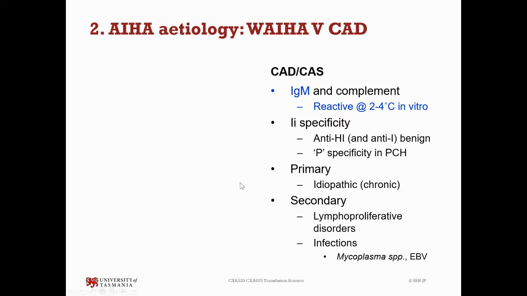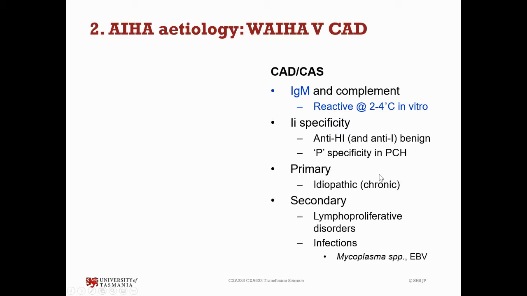You can see here that the most common specificity is for the I blood group system on its own or as anti-HI, and there is a P specificity in paroxysmal cold hemoglobinuria in children. Again, the cause of primary cold agglutinin disease is idiopathic.